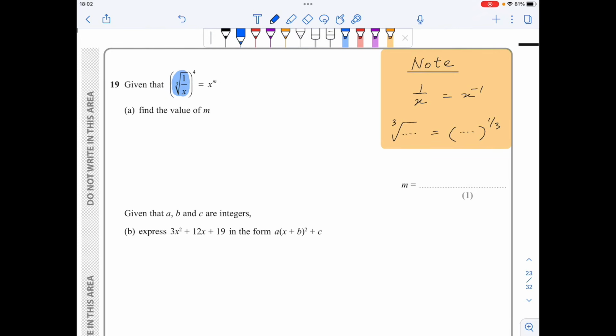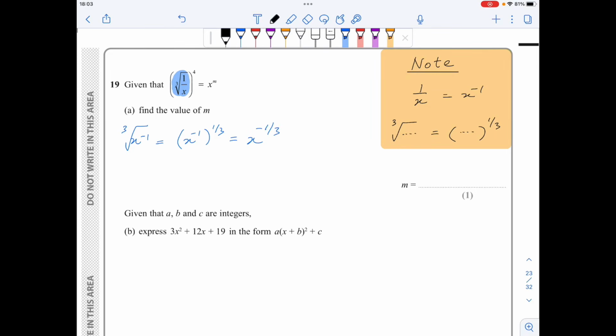So I have cube root of 1 over x, that's equal to cube root of x to the minus 1. And then using the second rule, that's x to the minus 1 all to the 1 over 3. And if I multiply these two powers, I will get x to the minus 1 over 3.